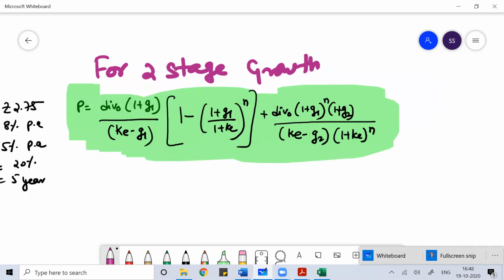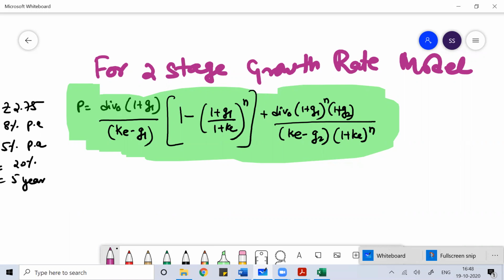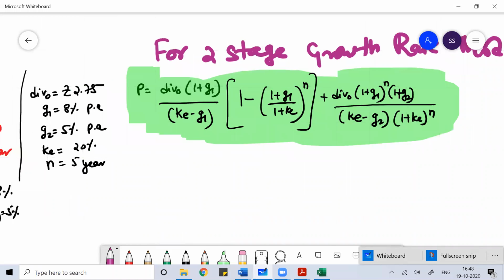Now understand the parameters, and be very careful with the dividend, whether it is the current dividend or the next year dividend. Be very careful with the dividend value. Okay, any doubt anyone?